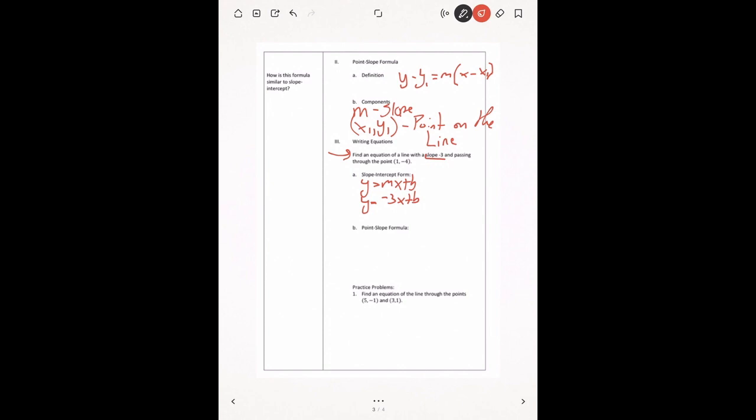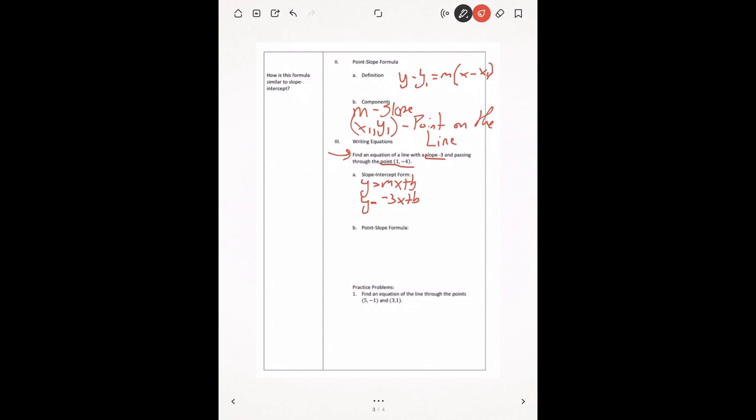To do that, we need to realize that we're told a point on the line. Generally when I ask students what it means for a point to be on the line, for a coordinate point to be part of the graph of a linear equation, I often hear, oh, it's just something that makes up the line, something that makes up the graph.